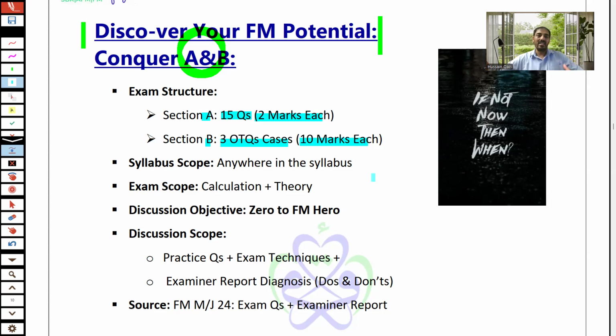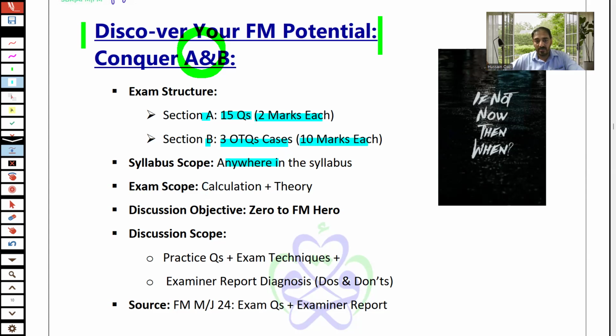The examiner has the leverage to examine anywhere from the syllabus, so it is a very diversified approach. But you have practiced a lot and covered a lot of the syllabus, so you have already prepared a diversified practice. So don't get confused. Don't take stress.